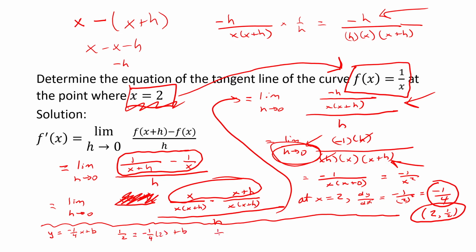So that means 1/2 equals negative 1/2 plus b. B ends up equaling 1. So that means the equation of the line that I was asked for in the question, the ultimate final answer to this question, is y equals negative 1/4 x plus 1.